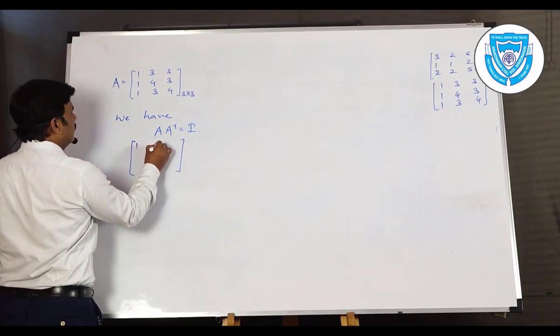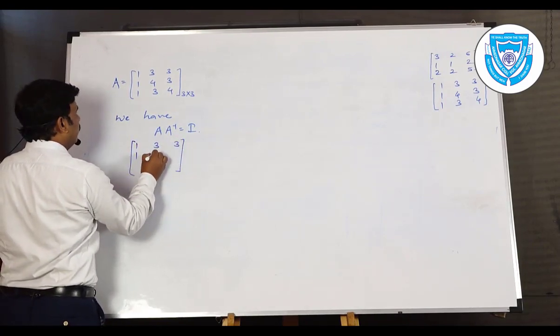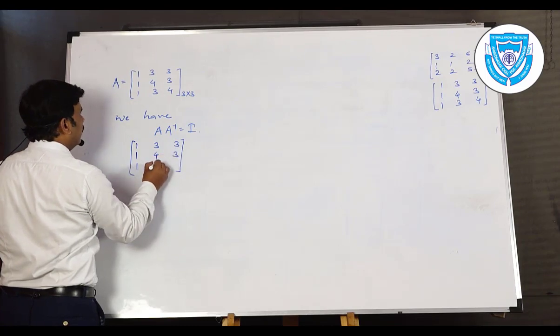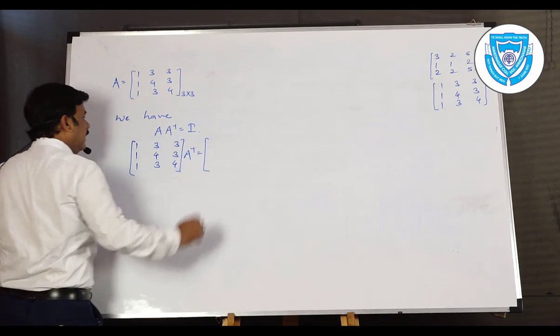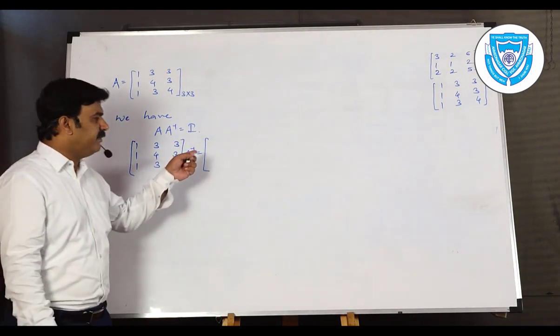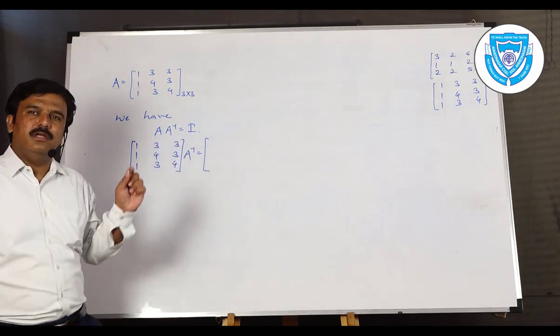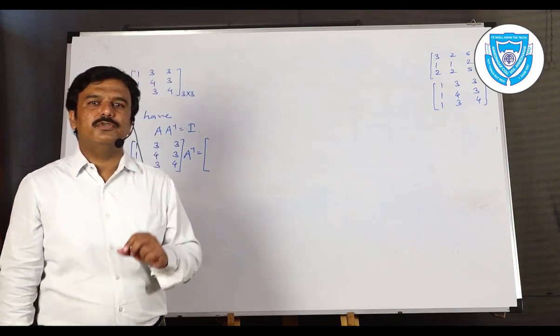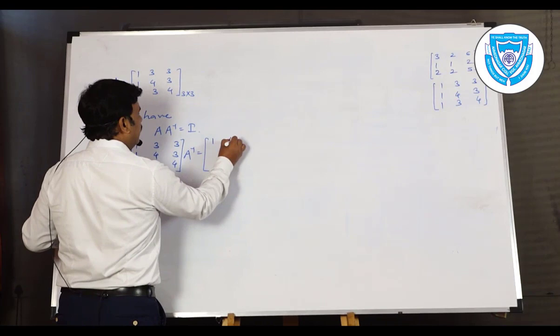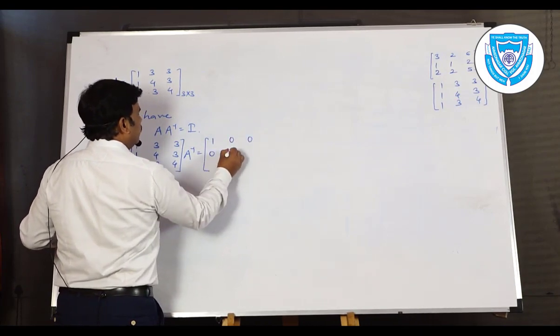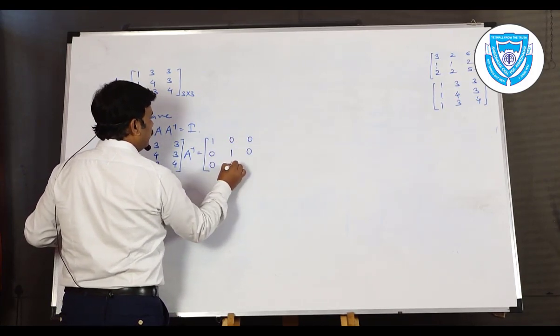The elements are 1, 3, 3, 1, 4, 3 and 1, 3, 4 into A inverse, which is equal to I. In your previous session we wrote the identity matrix of order 2 cross 2. Here we have to write the identity matrix of order 3 cross 3, that is 1, 0, 0, 0, 1, 0 and 0, 0, 1.